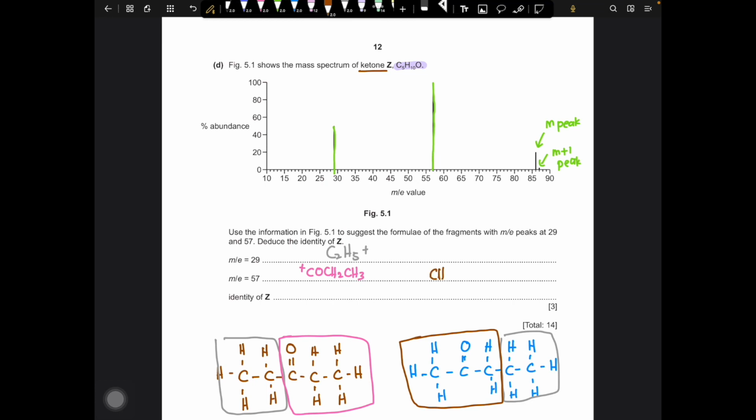So that will be CH3COCH2+. So the identity of Z also depends on the peak at 57, depends on your answer. So if you put the one in brown, it means that this will be pentan-2-one. So if your answer is something in pink, it means that it will be pentan-3-one.